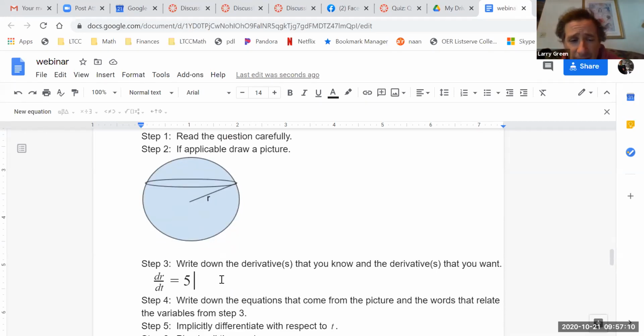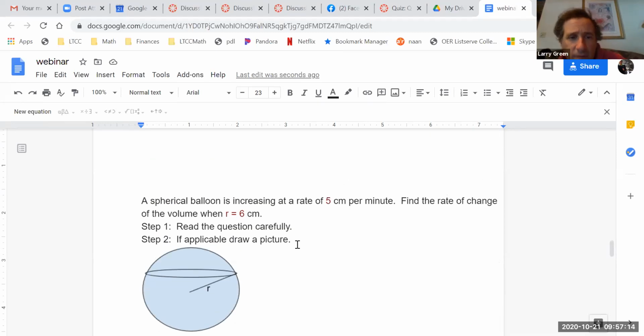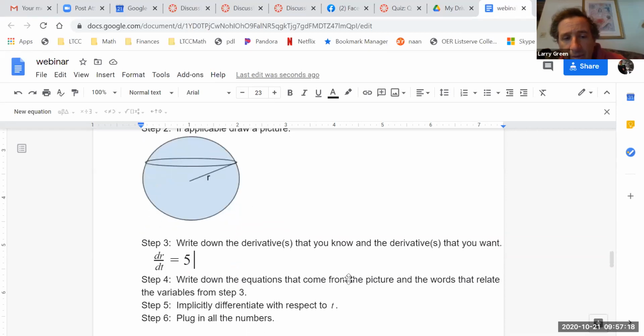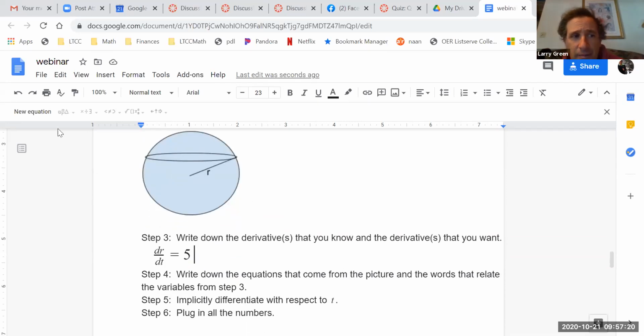So we know that dR/dt is 5. What we want is the rate of change of the volume. What's a good letter for volume? Yeah, dV/dt, and typically use capital V for volume, but that's up to you.